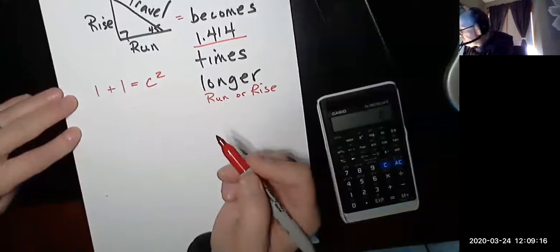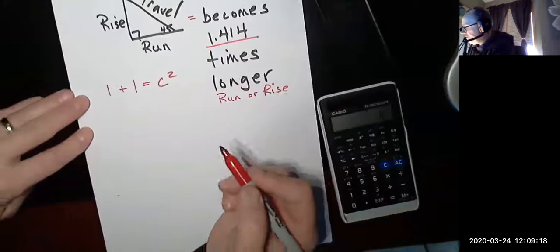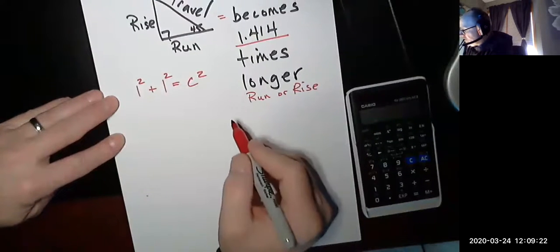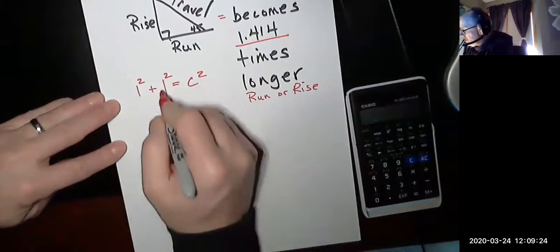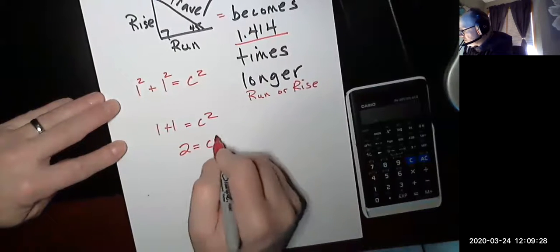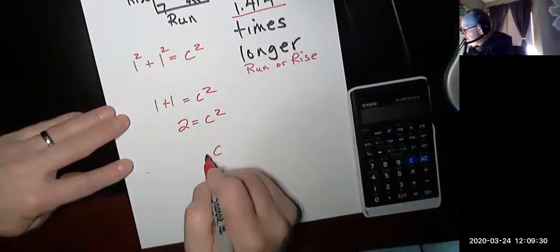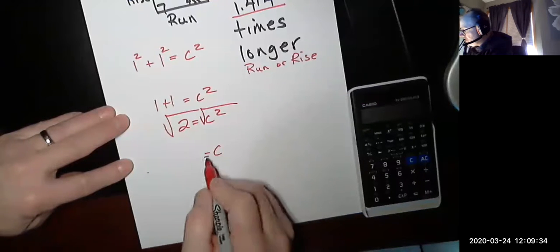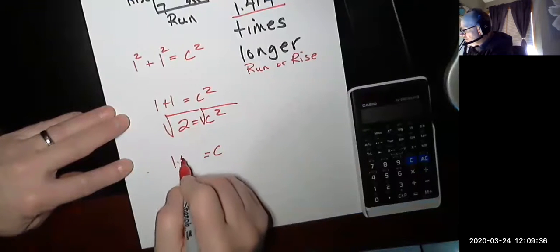So if the run is 1 and the rise is 1, then that would have to equal c squared as the travel. And that's Pythagorean theorem. So that would be 1 squared plus 1 squared equals c squared. So 1 times 1 is 1. 1 times 1 is 1. It's equal to c squared. So 2 is equal to c squared. To get c, then we square root c squared, square root 2. C is equal to 1.414.